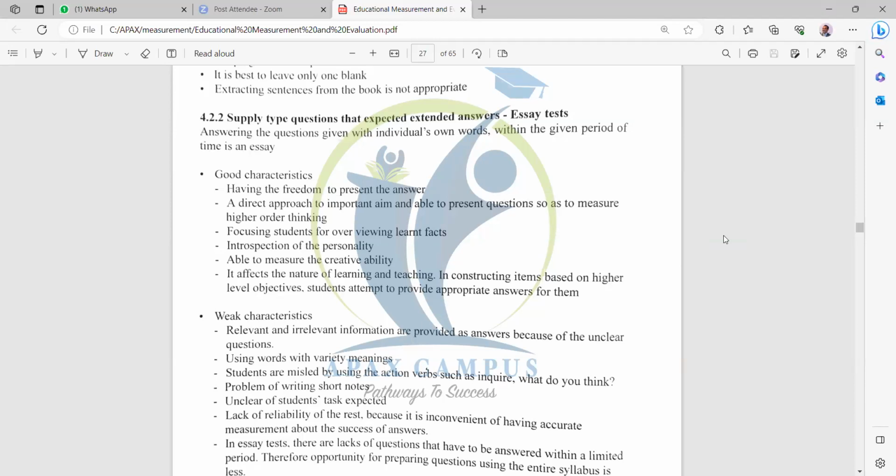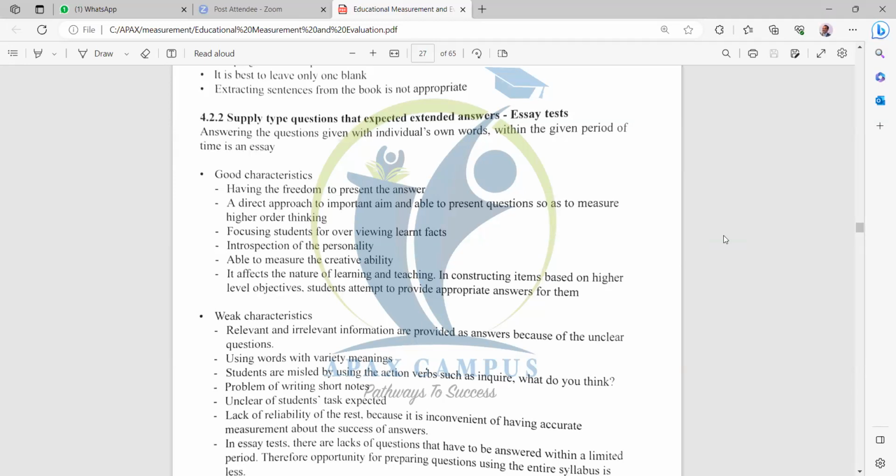So it can be small paragraphs or not so small paragraphs, average size paragraphs into this number of pages, like that. We have the freedom to present our answers there, right, based on the structure.